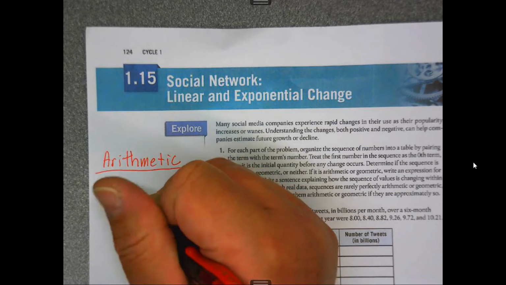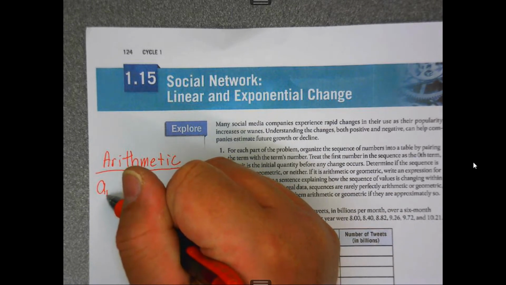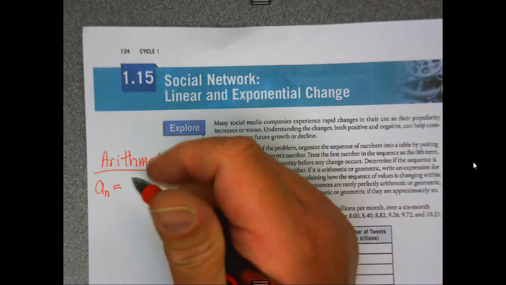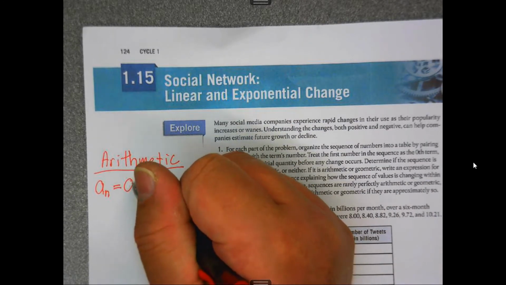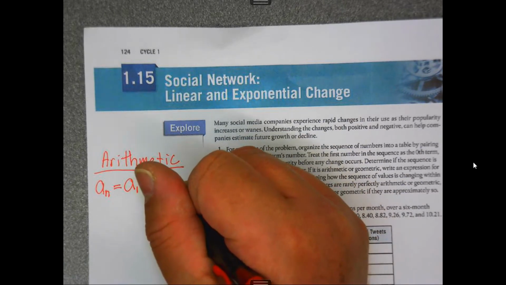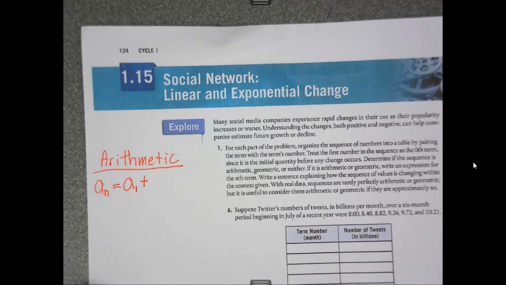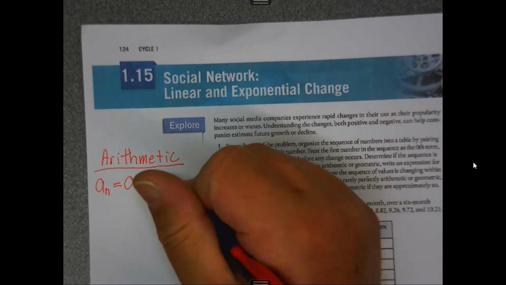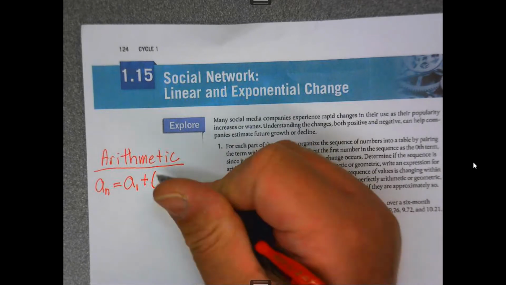to find the nth term, a sub n, or an, we take the first term, and we add to it the number of terms before the nth term.